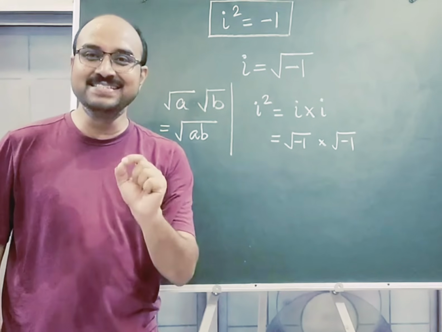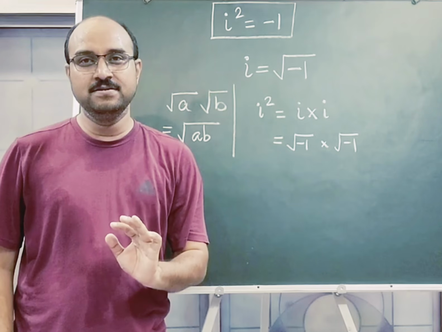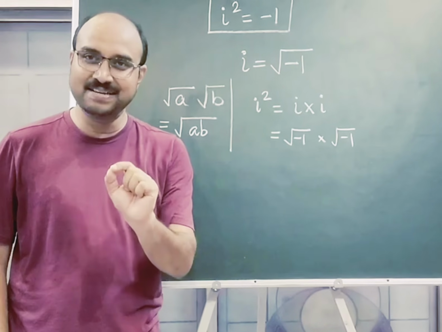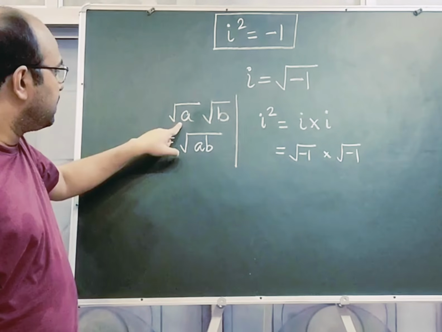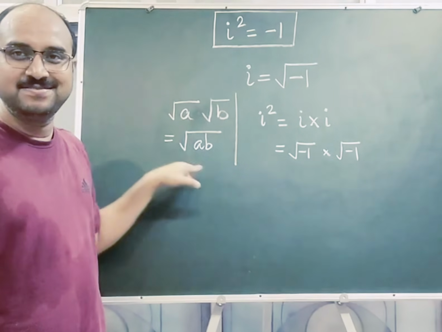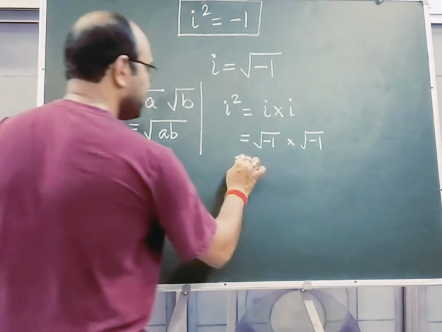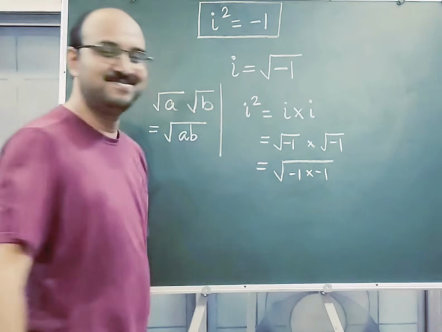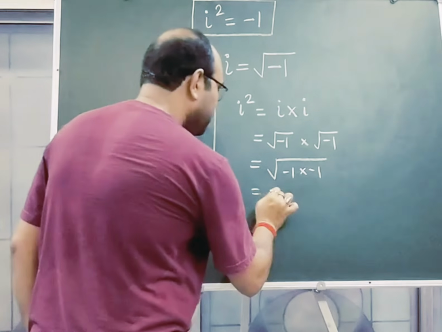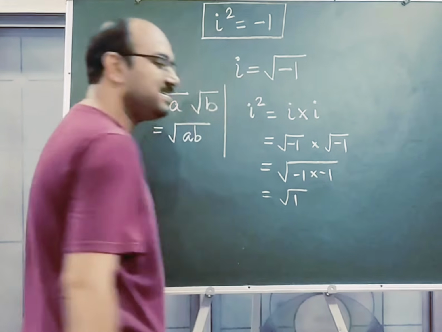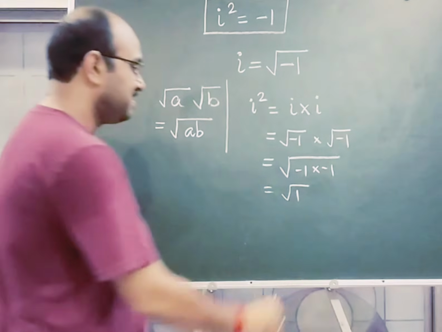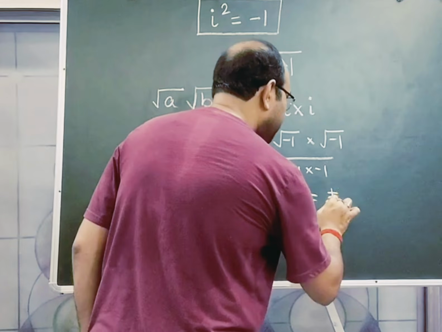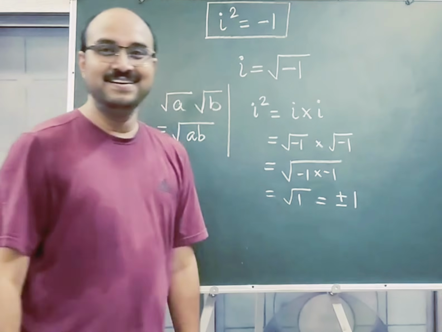Now minus 1 is itself a real number. That means it will follow this definition. So we can write this as square root of minus 1 into minus 1, which is equal to square root of 1, which is equal to plus minus 1.